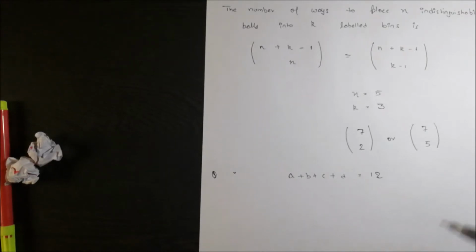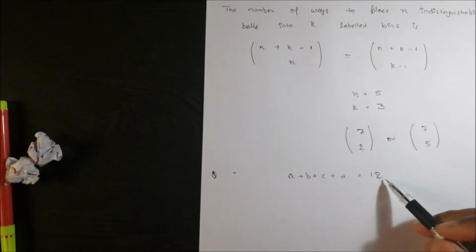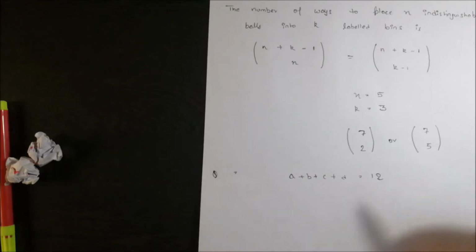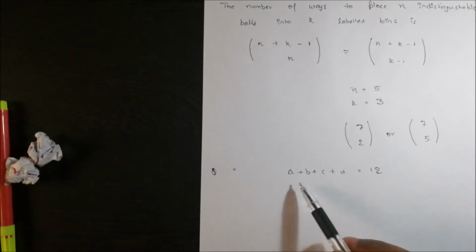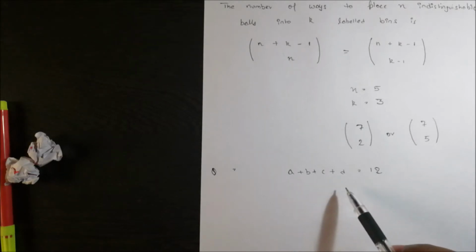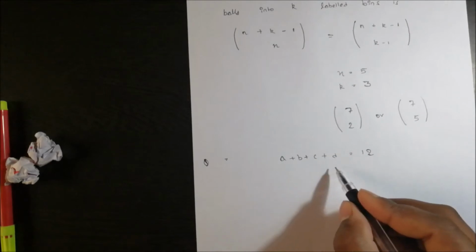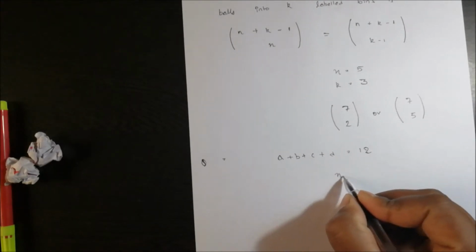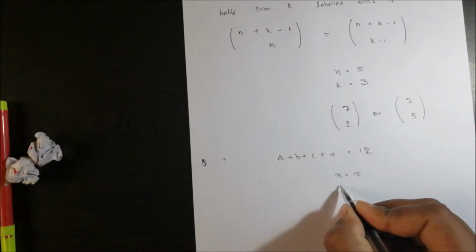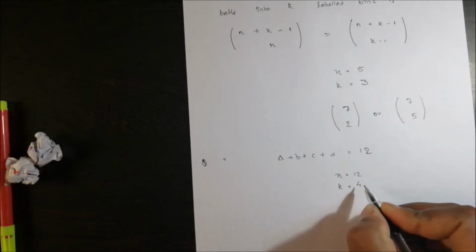Yes, we can choose stars and bars because the numbers cannot be distinguished, right? 1 plus 1 plus 1 plus 1, it's a number, right? And these are distinguishable variables, a, b, c, d. So n is equal to 12, k is equal to 4.